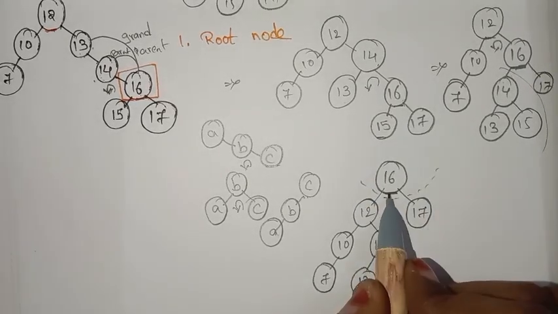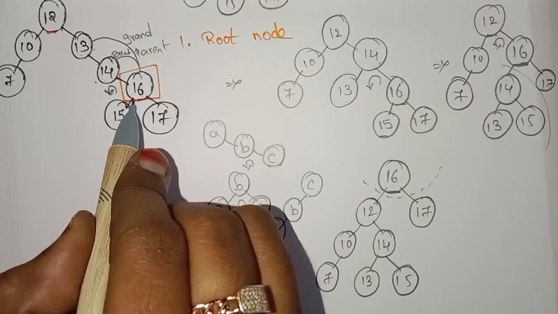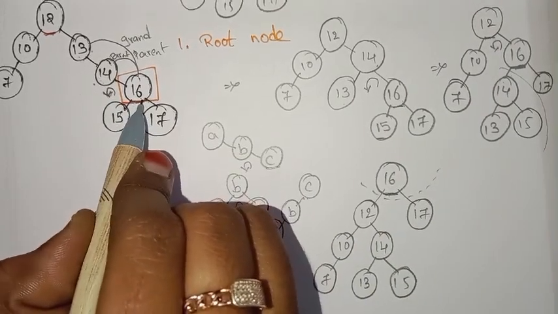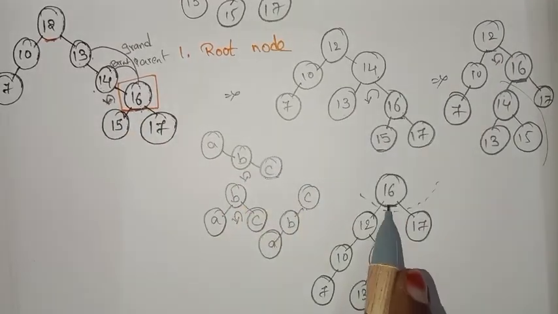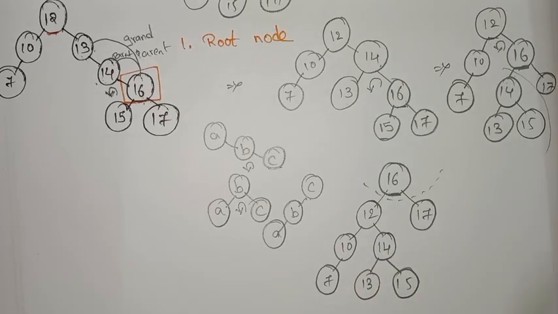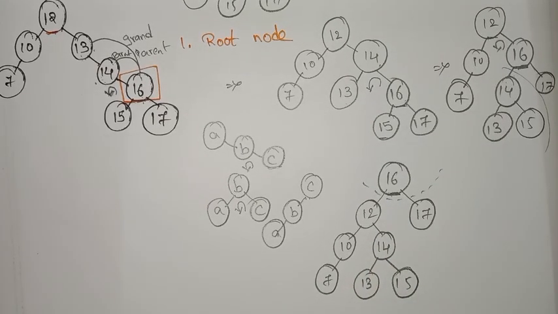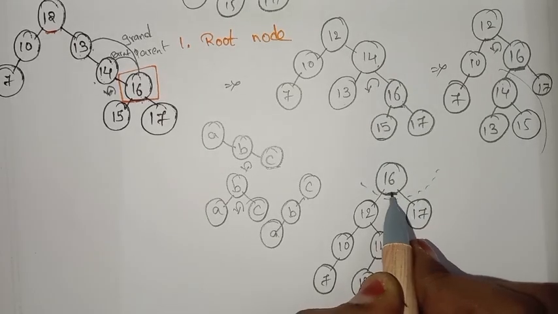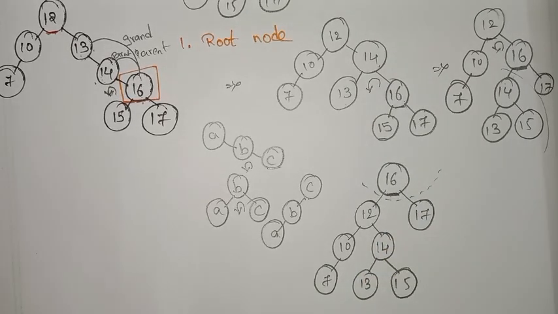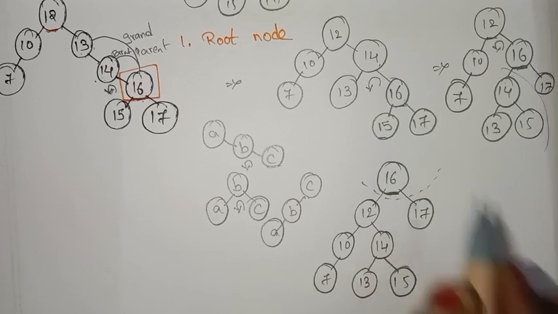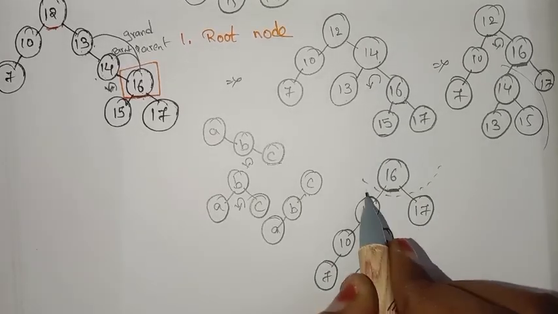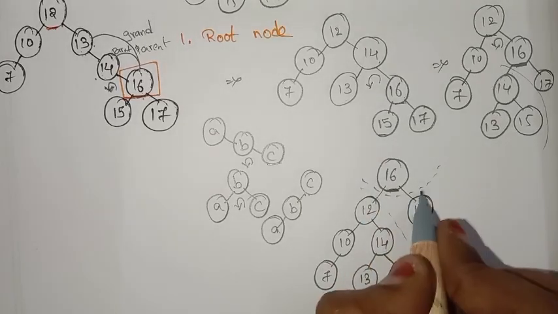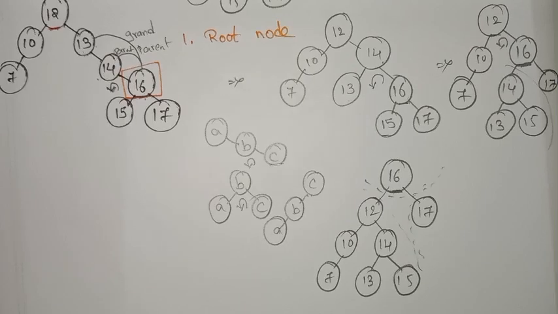After making it a root, whatever node we want to delete, if it is an internal node, we need to make it a root, then we need to delete. Now what will happen, we have made this 16 a root node. Now we need to delete this. Once deleted, this subtree will be different and this subtree will be different.